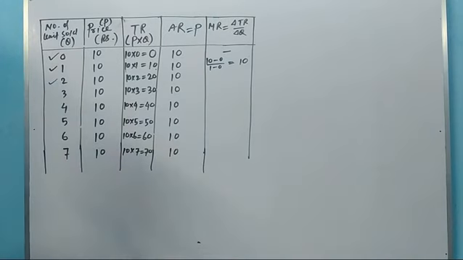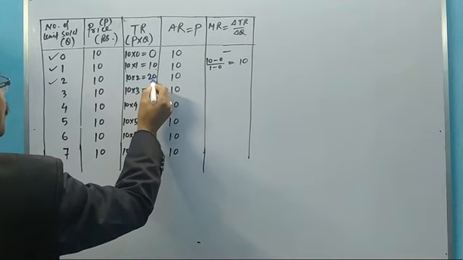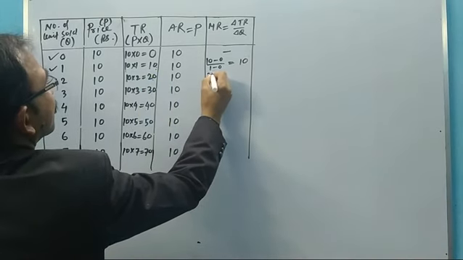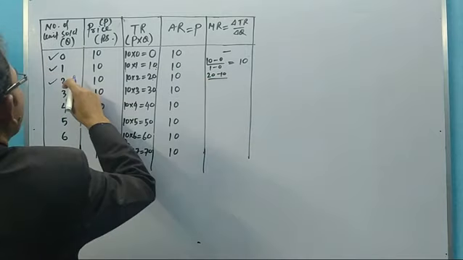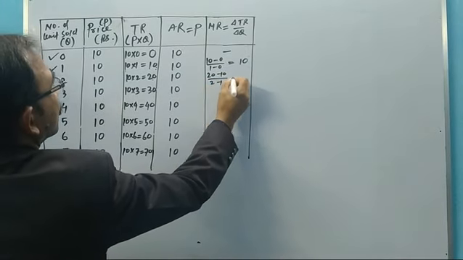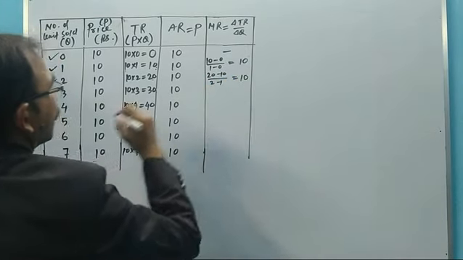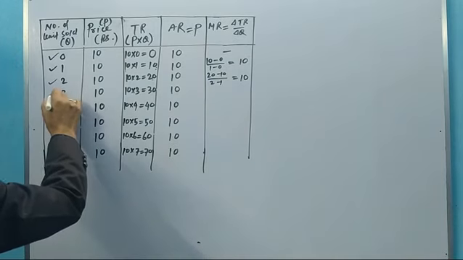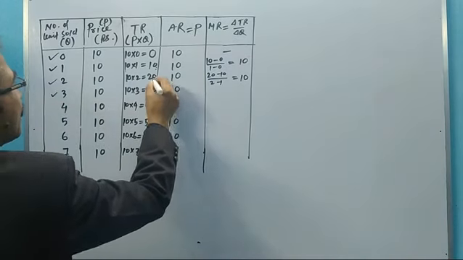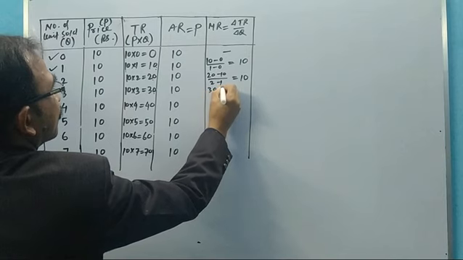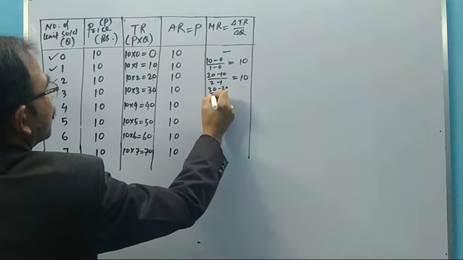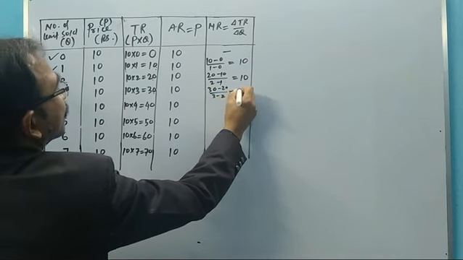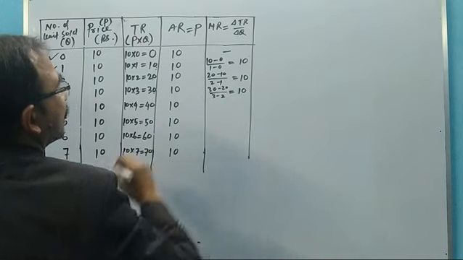When we are selling 2 units, then what is the change of total revenue? 20 minus 10 divided by 2 minus 1. It's coming 10. When we are selling 3 units, 30 minus 20, divided by 3 minus 2 is equal to 10.